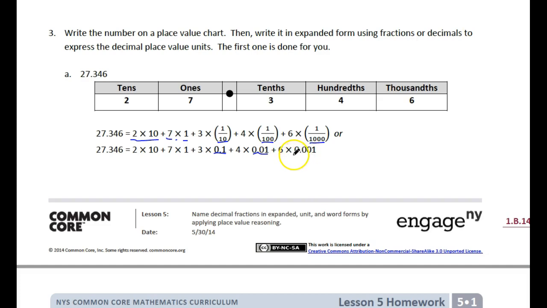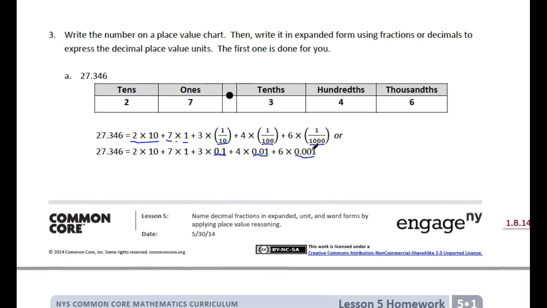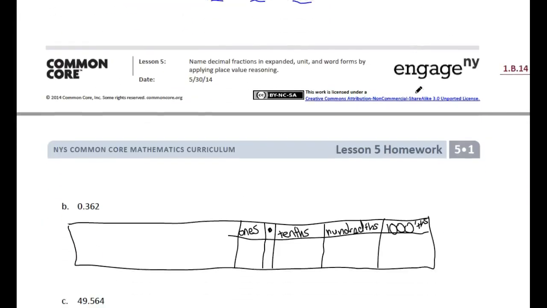So when you multiply a whole number by that, it makes a change. Either you're gaining or losing place values. And in this case, you can tell by looking, it's going to lose 3 place values because it's going to go from the ones place to the tenths place to the hundredths place and land at the thousandths place. You can tell by looking.